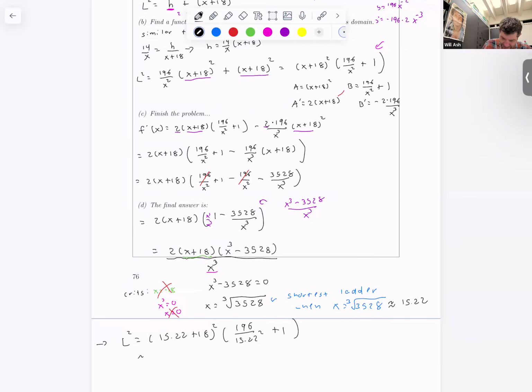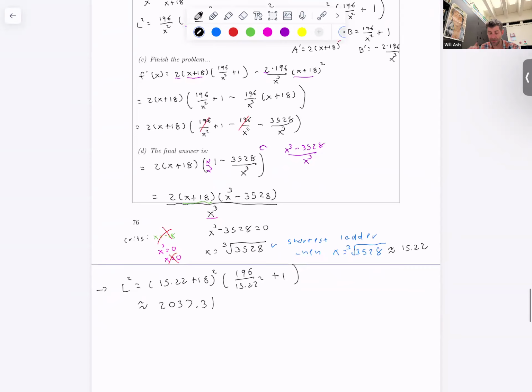And I got 2037.31. But remember, that's the square of my ladder.